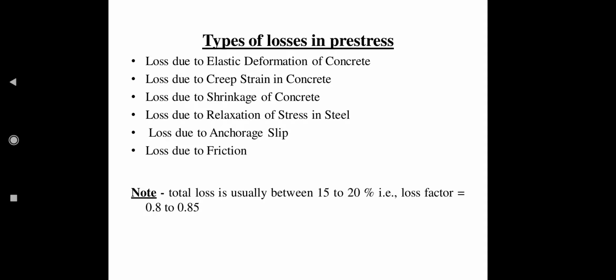Before studying all these losses, the one thing we need to remember is that the total losses should not be more than 20%. So the total losses should be between 15 to 20%. If the losses are more than 20%, then the member is not suitable for usage.